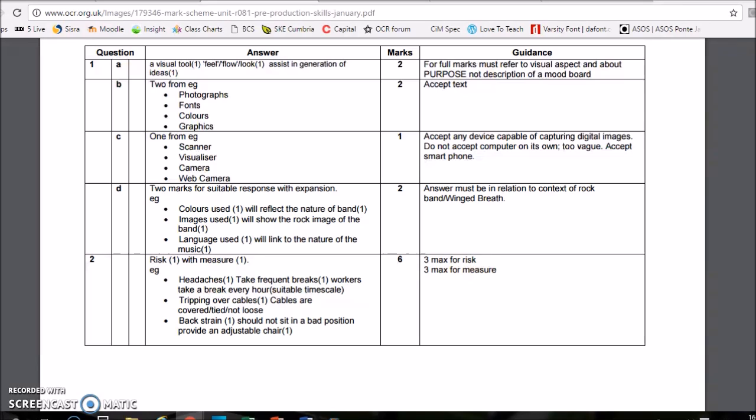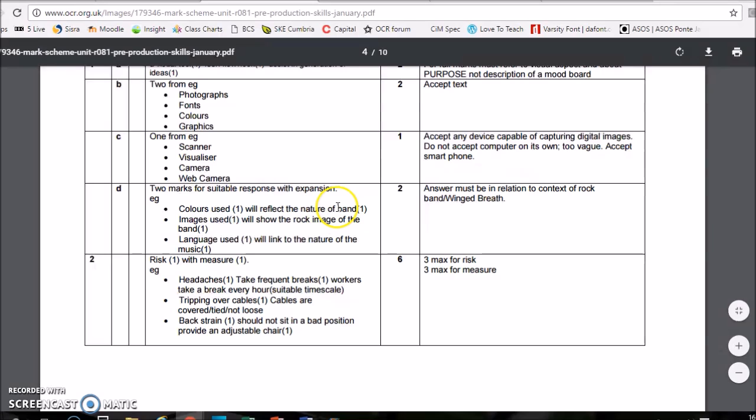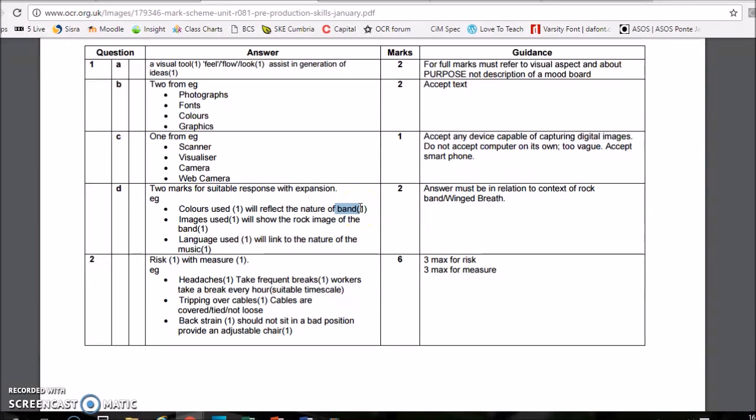The colours used, so that gives a feature of the mood board. The colours reflect the nature of the band. And there you've got your context in band, because whatever colours you put on there will reflect the assignment. The images used will show the rock image of the band. You're not going to put pictures of dinosaurs and elephants and clowns, because that's not what the band is about.